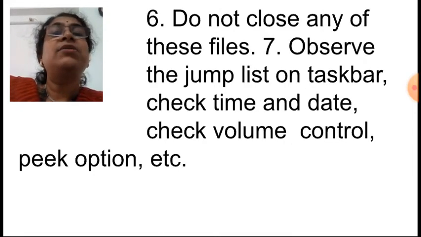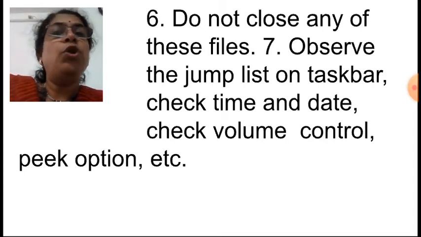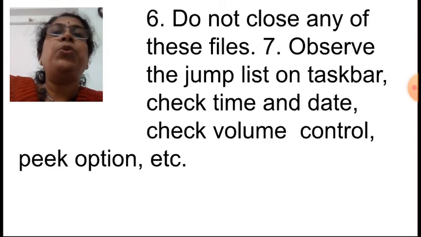Now what is next? Do not close any of these files. Observe the jump list on the taskbar. Check the time and date. See, we have learned what the jump list is. We have learned how to check or change the date and time, and check the volume control for your device. That is, if you are working on the laptop or the desktop, you can increase or decrease the volume.